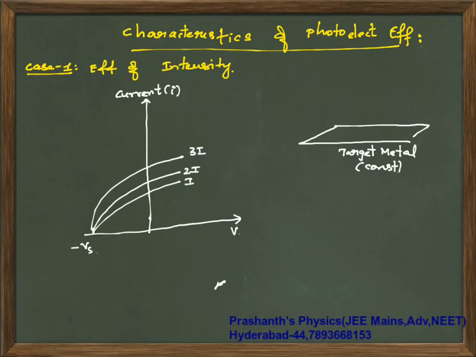Let me take greens. One is light green, the second one is somewhat thicker green, and the next one is further thick. I hope it is visible. So totally three different intensities.